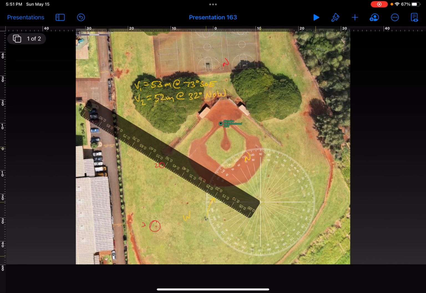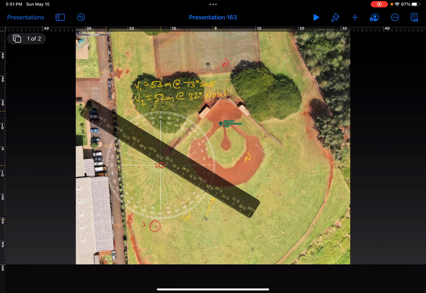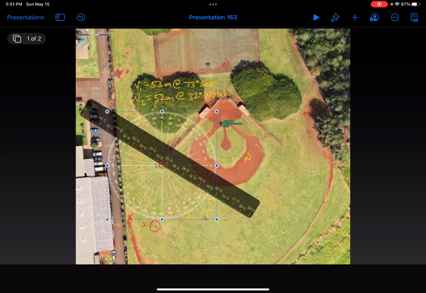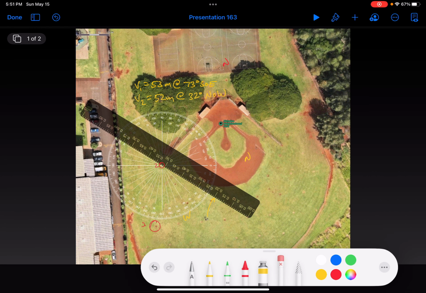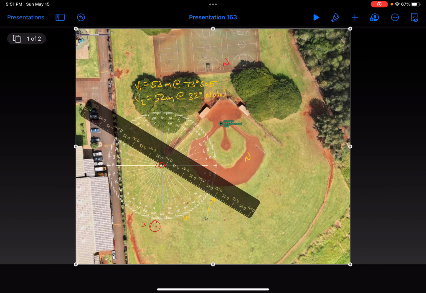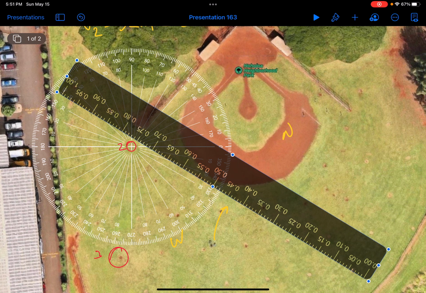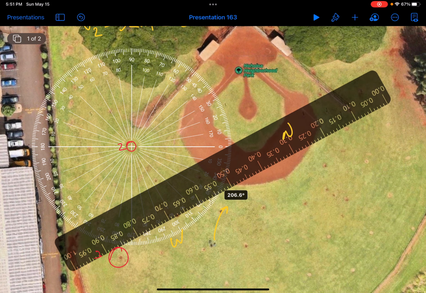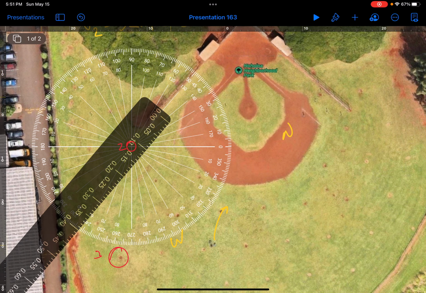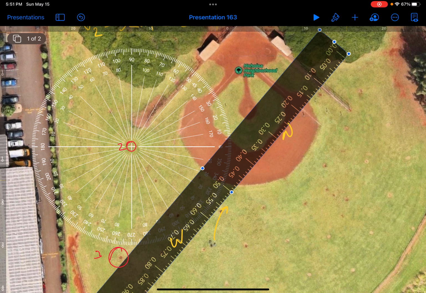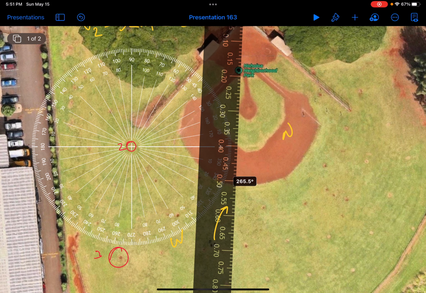All right. Let's just move a little bit faster now. Get this last one in. We're going to move our protractor to our new origin now, where our second sprinkler head is. And I was going to erase that, but I'll just keep it there for now. And I'm going to move my ruler around. I need to be careful not to resize my ruler because I sized it for this image right here.